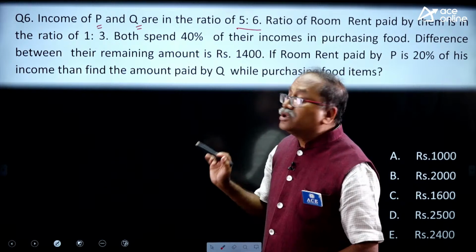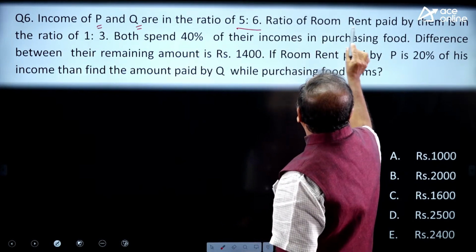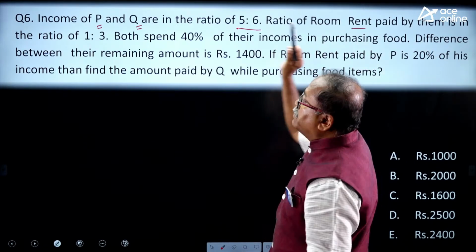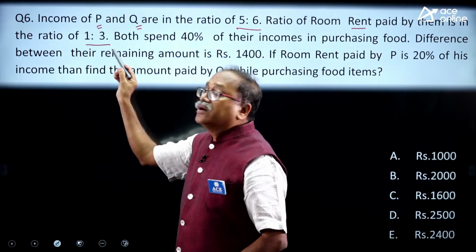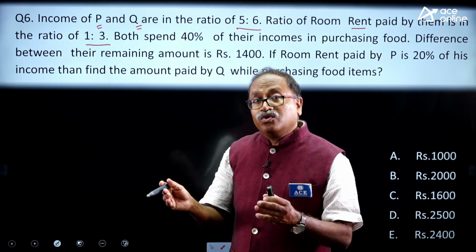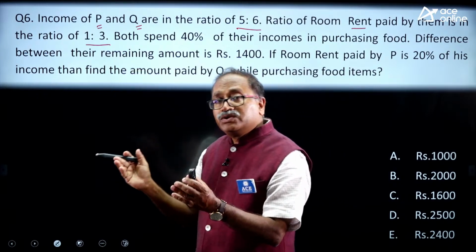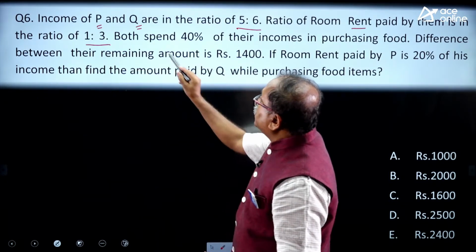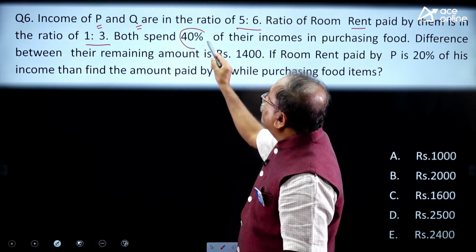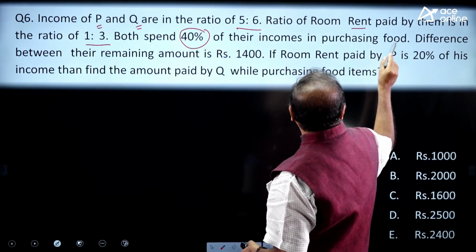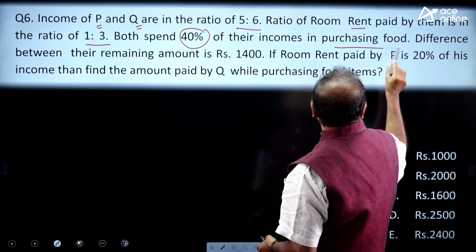The ratio of the room rent paid by them is 1:2. Next, both spend 40% of their income on purchasing food.